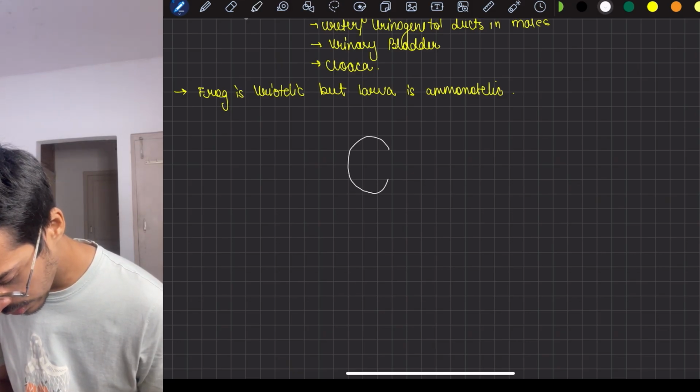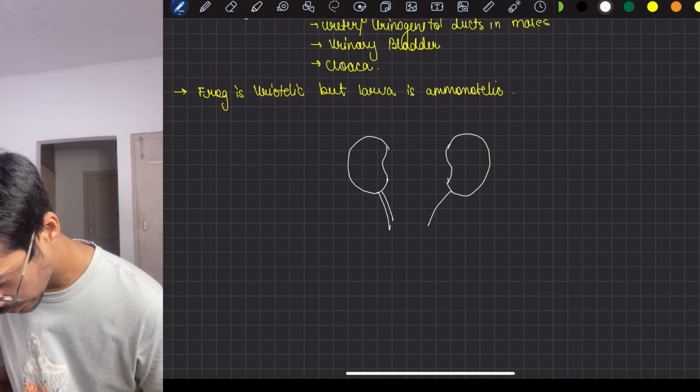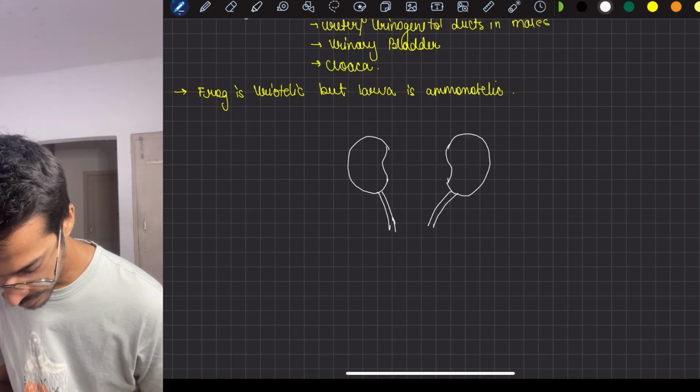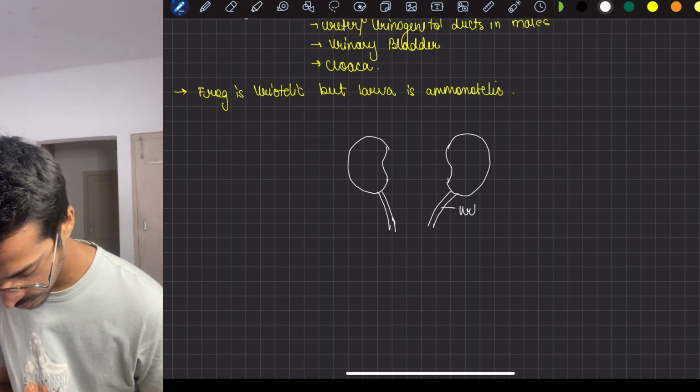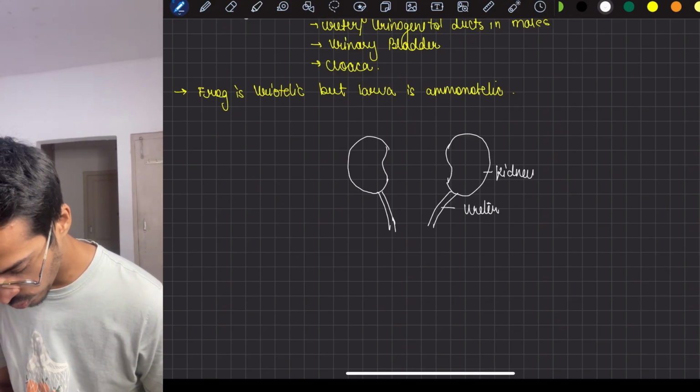So there are 2 kidneys. This is the ureter, this is the kidney. They open into what?